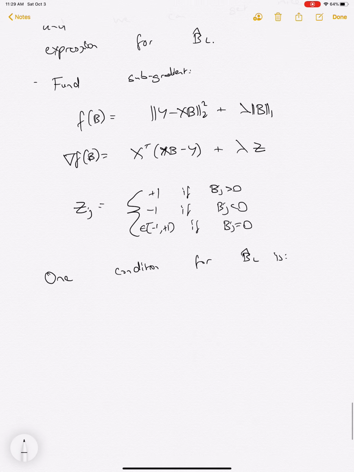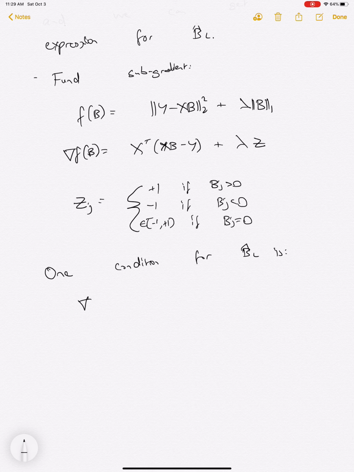So the condition for B hat L is that this gradient, I'm using this notion gradient even though this is actually a subgradient, but I'm using the notation the same, so it's a slight abuse of notation here. So the subgradient equals 0.